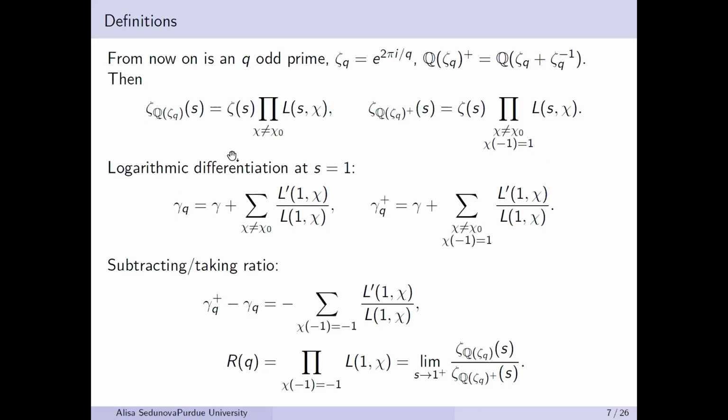This means that if we take the logarithmic derivative and try to get the expression for gamma q and gamma q plus, then we get a gamma factor that comes from here, and then the sum over the logarithmic derivative of L: here the full sum over chi different from chi0, and here the sum over chi of minus 1 equals 1. If we subtract one from another, the gamma cancels out, and here we get only the sum over a specific half of the characters. And if we take the ratio of these things, then zeta is going to cancel out, and we get something like this, which is the limit as s approaches 1 from the right of these zeta functions.